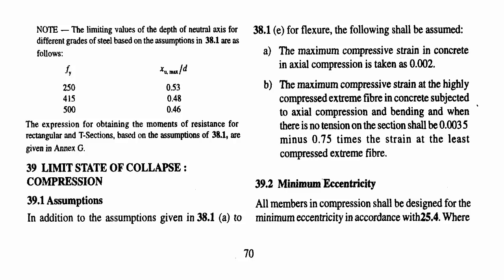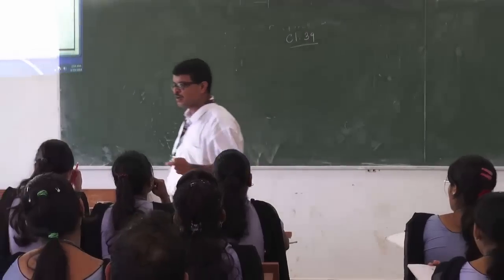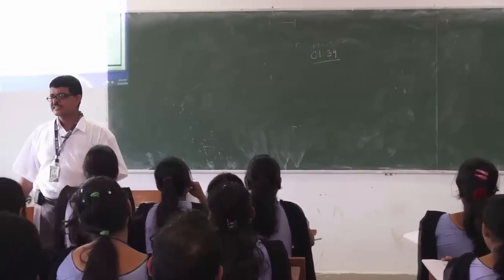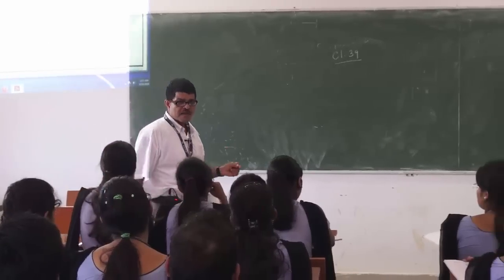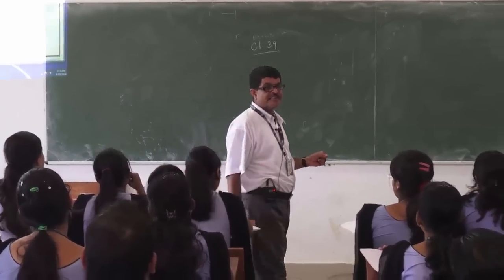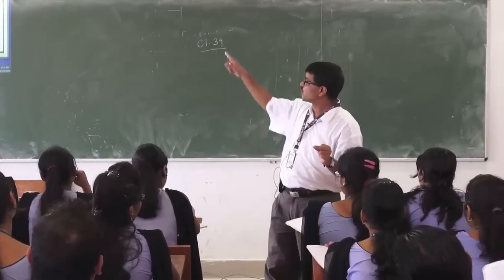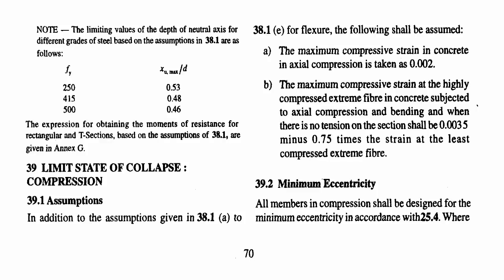That means whatever assumptions we considered for bending or flexure design remain valid for compression members. In addition to that, there are two other conditions. What is the first condition? The maximum compressive strain in concrete in axial compression is taken as 0.002.